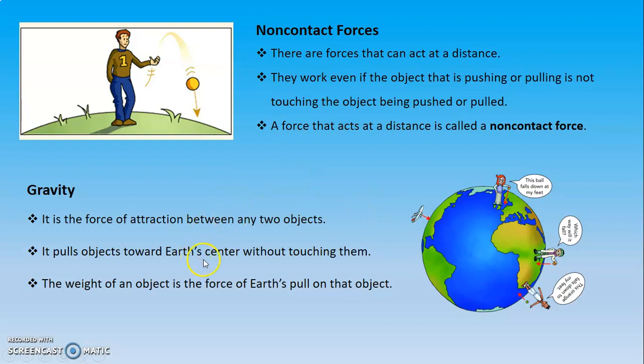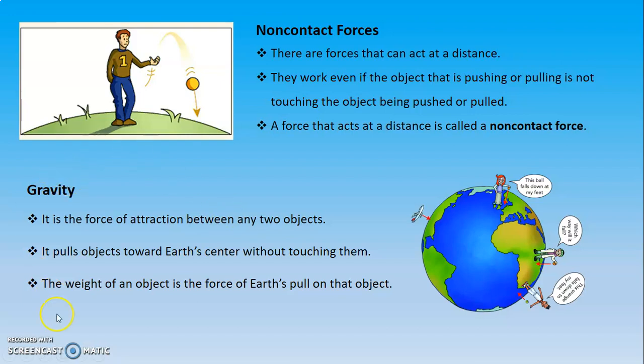Okay, children, on page 91, you have 2 exercises. Number one, it says that you have to answer if it's true or false. So, friction can work at a distance. That is false, right?